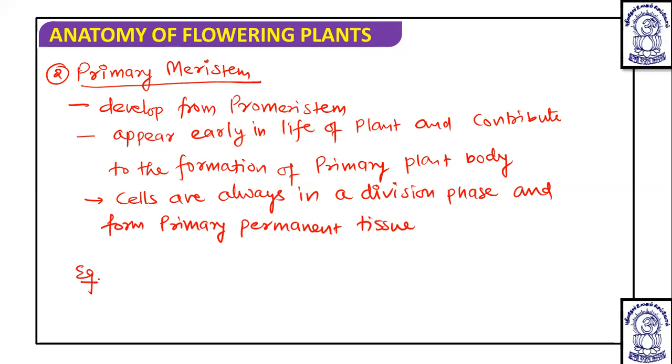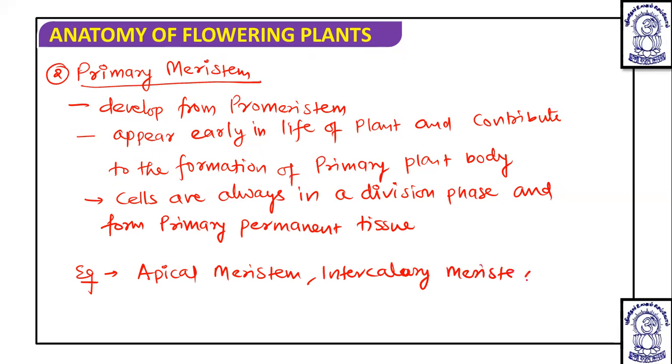So examples of primary meristem, as we have discussed, are apical meristem, intercalary meristem, and intrafascicular vascular cambium.